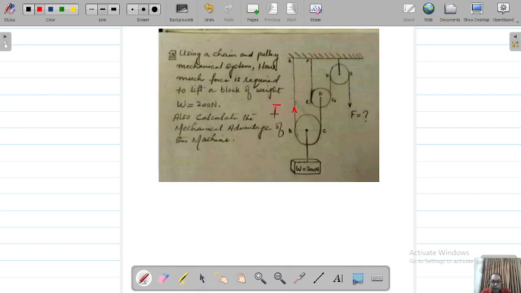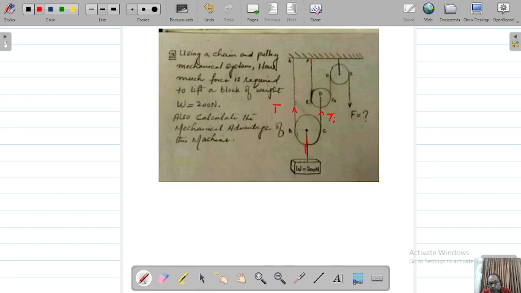We say this is tension T, and starting from here it will also have the same tension T. This tension is also T, and this tension is also T.